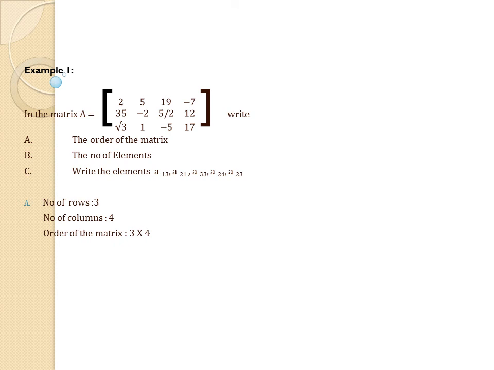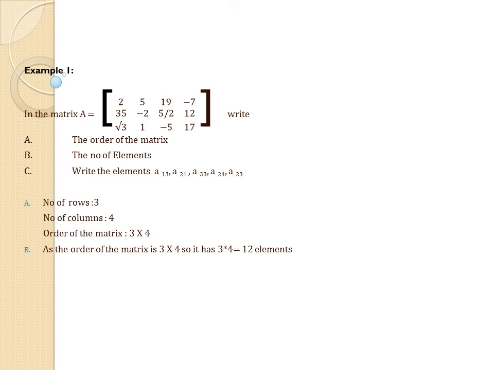Next I will go to the number of elements. I can see from the example that it is 1, 2, 3, 4, 5, 6, 7, 8, 9, 10, 11 and 12. But there is no need of counting this way.